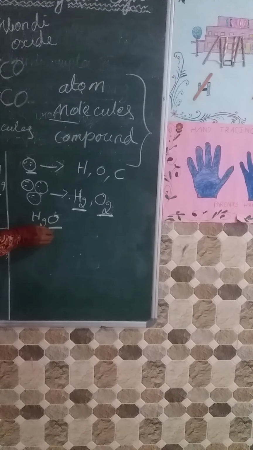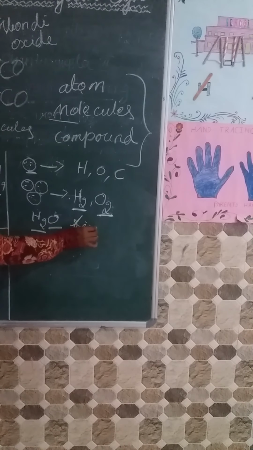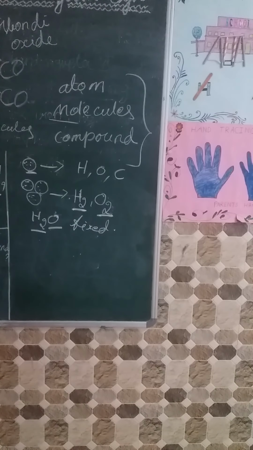This is the chemical ratio. A compound is a substance that is formed when two or more elements combine chemically in a fixed ratio, a fixed proportion.